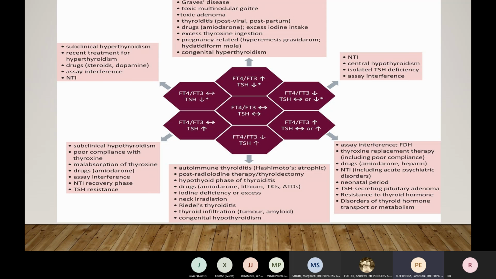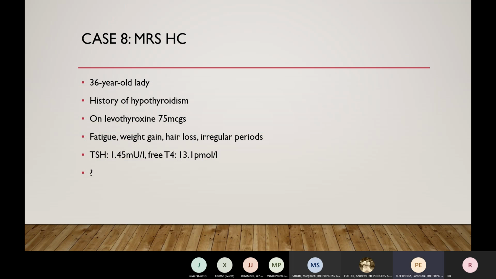And I usually increase the levothyroxine dose to bring that T4 to the upper end of the normal range, even if I have to suppress the TSH a little bit more. And I have a very honest discussion about this with the patient, saying, well, ranges are not absolutely accurate for everybody.